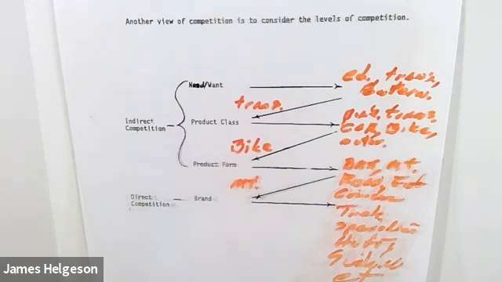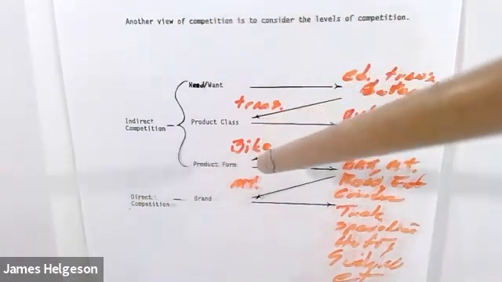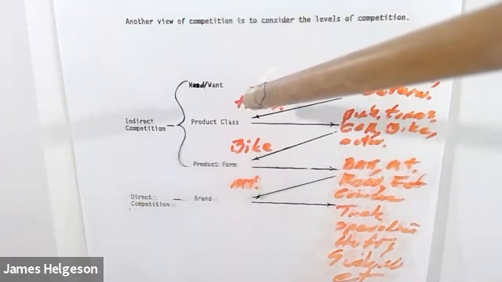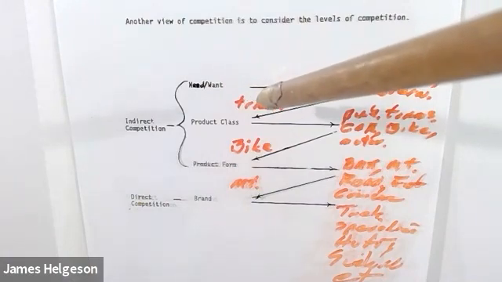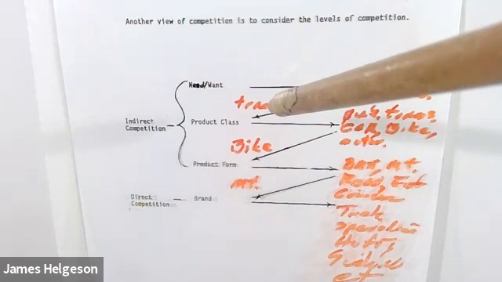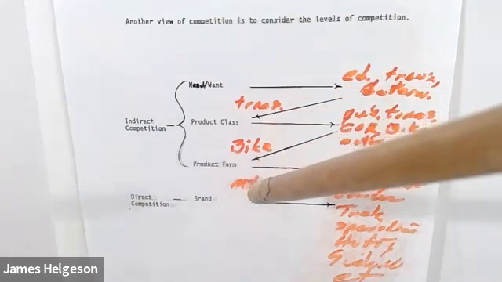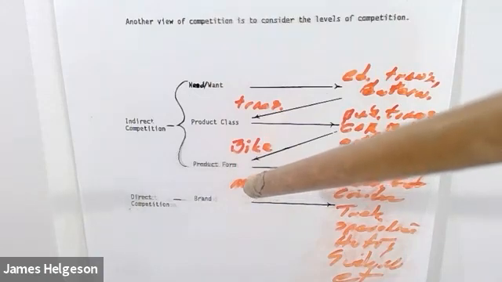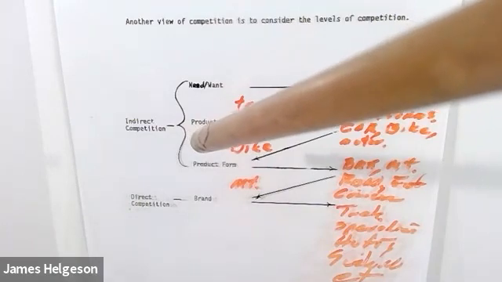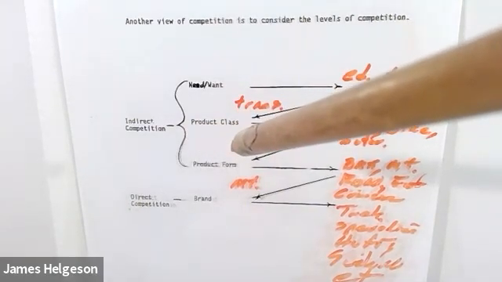It's not just at the direct level of competition, but the competition goes all the way back: product form, product class, all the way back to needs and wants. Marketers may have to consider competition that is occurring throughout this whole model, all levels of competition. And back to the idea of the iceberg, direct competition is just the tip, just on the surface. There's a lot of competition, this indirect level of competition, that's below the surface, okay?